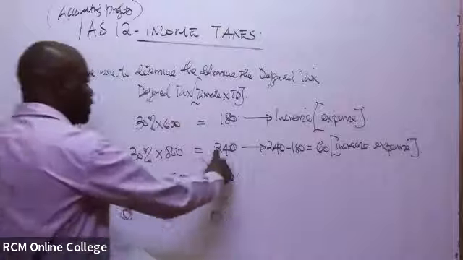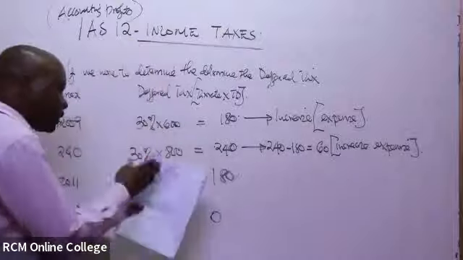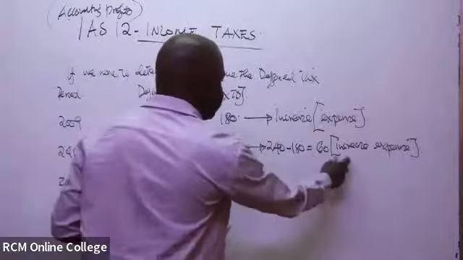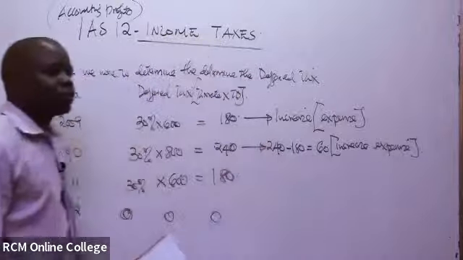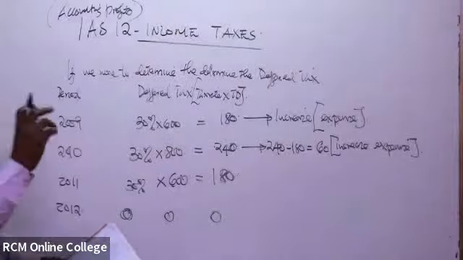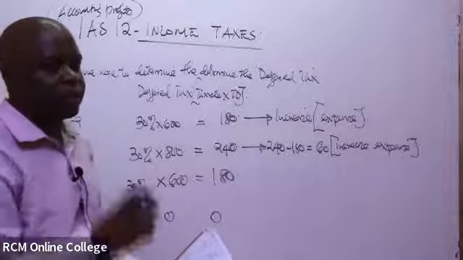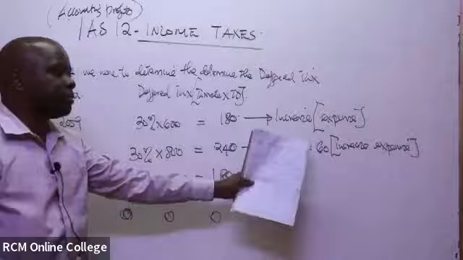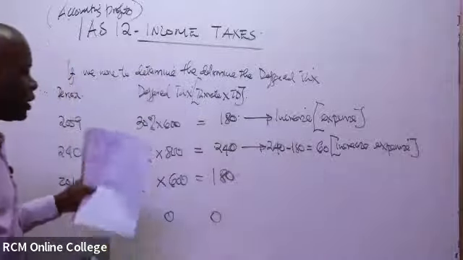Then by the end of the year, you closed at 240. It means during the span of the year, there was an increase of 60. Therefore, it becomes an expense. So it will go to the tax liability, you'll accrue it as part of the current tax. That will enable you to determine the tax liability for the whole year. So it will be the current tax plus this deferred tax increase of 60. It will go there as an expense.